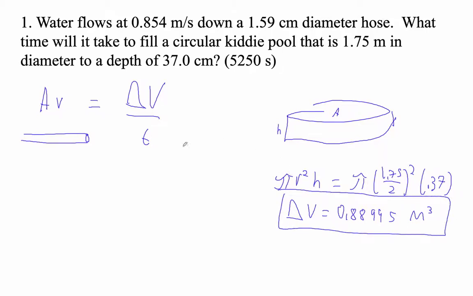Let's see. And then let's figure out our volume flow rate. So our volume flow rate is the area of the hose times the velocity, right? So again, it's going to be pi r squared times our velocity. So pi times, and then 1.59, 0.0159 meters, times our velocity, right?